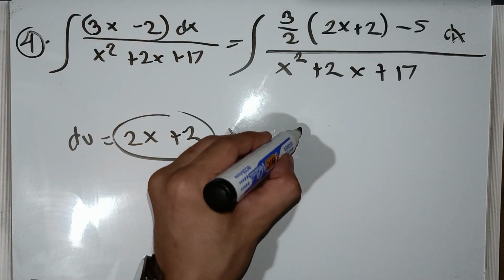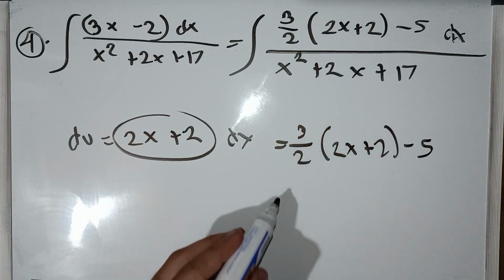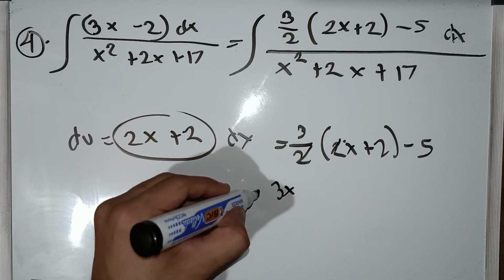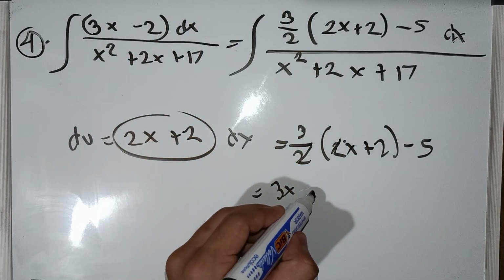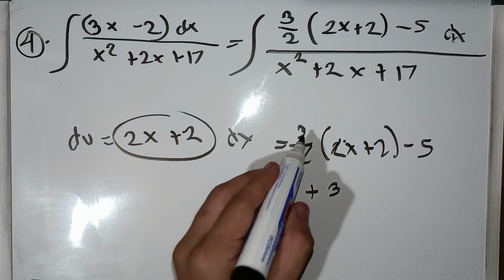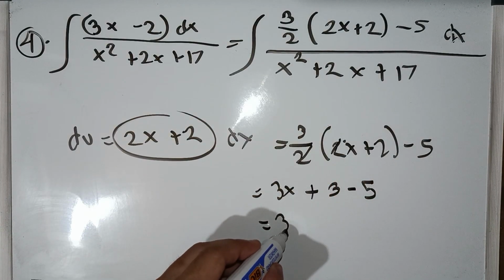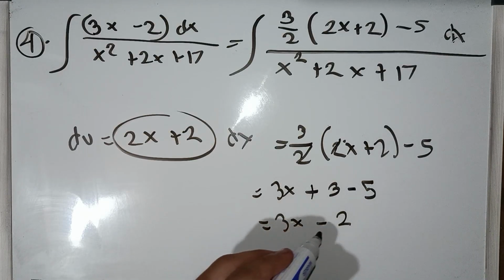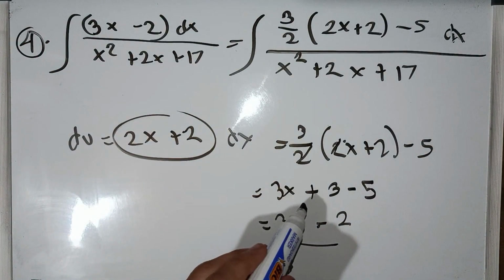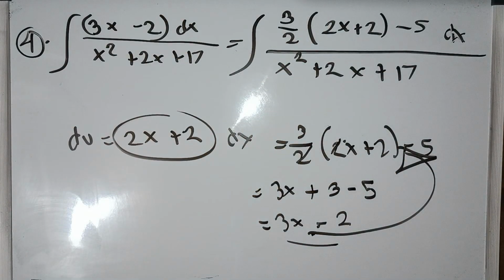Let's write it here: 3 over 2 times 2x plus 2 minus 5. Multiplying, the 2 cancels, so that becomes 3x, and again multiplying, 3, minus 5, that is 3x minus 2. So that's why we transformed this into this.